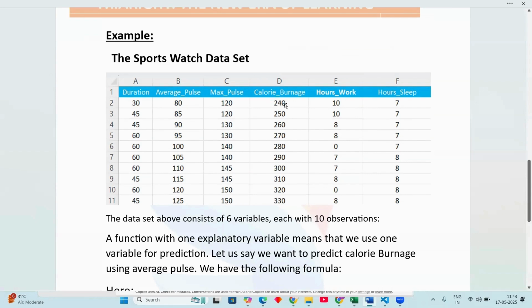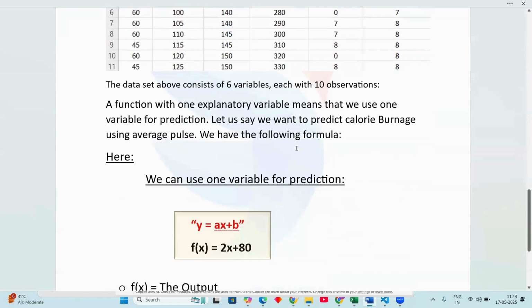We have to show the slope. This is our prediction, connecting the average pulse with calorie burnage. We show a visualization in a graph pattern.